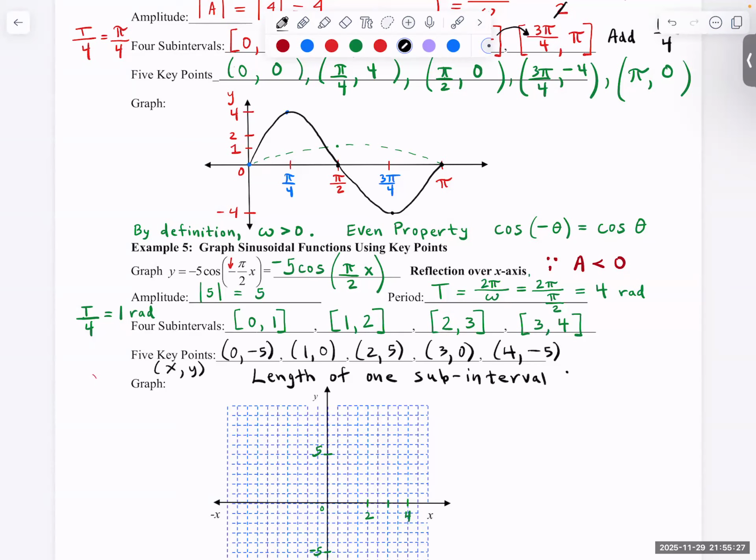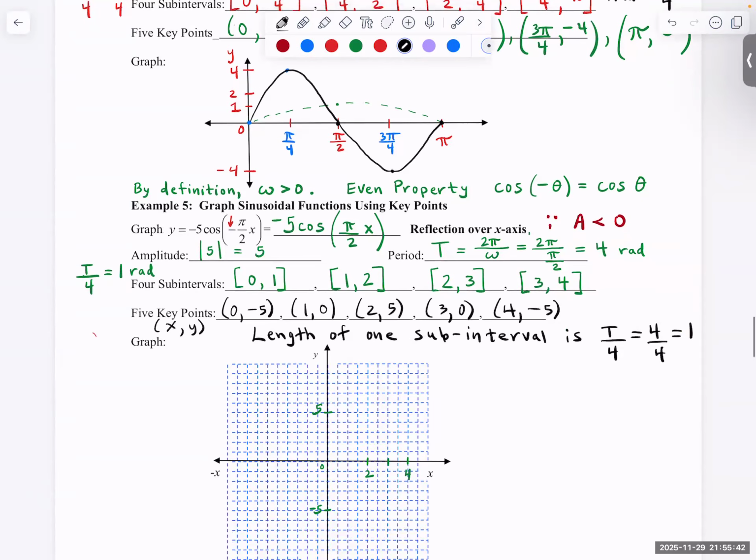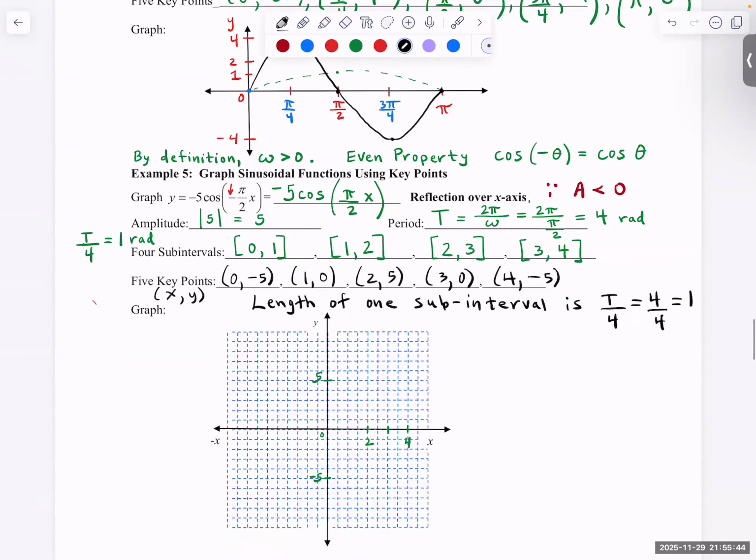Again, it's T divided by 4. The period T is 4 radians divided by 4, and that's why it's 1 radian. So on our graph here, we'll mark 0 radians, 1 radian, 2, 3, and 4.